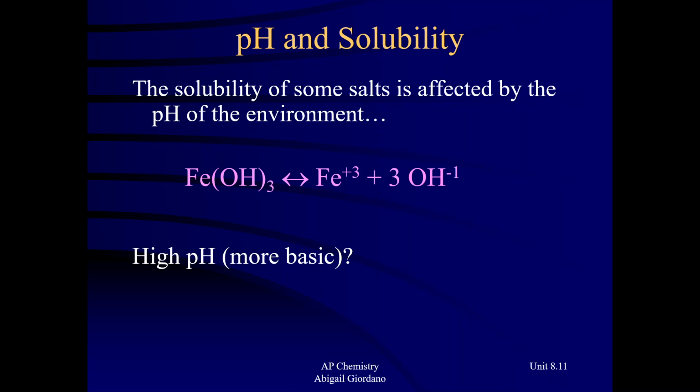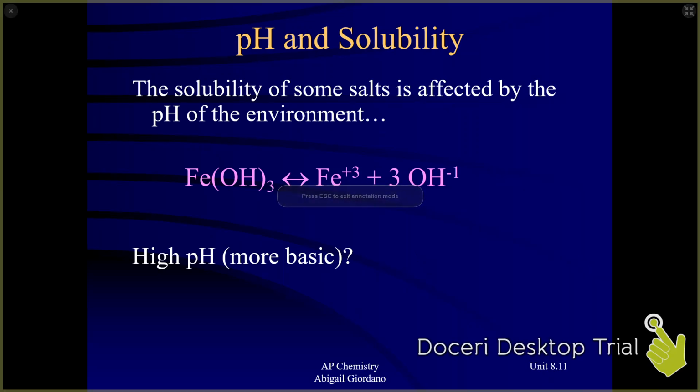If we drop this salt into an environment where there is already quite a bit of hydroxide ion present, that is going to cause Q to increase, because with this additional hydroxide, we're no longer at equilibrium. That means that Q is going to end up being greater than KSP.